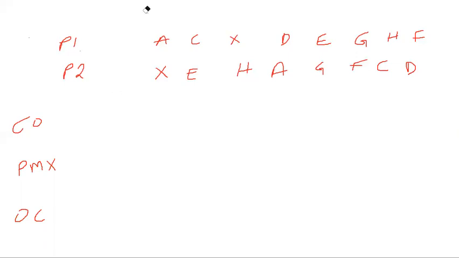So if we start with the cyclic one, I'll directly take only one offspring first. Let me see. I'll directly exchange A and X. Now, corresponding to A, I'll see X and fix the position of X in this offspring.